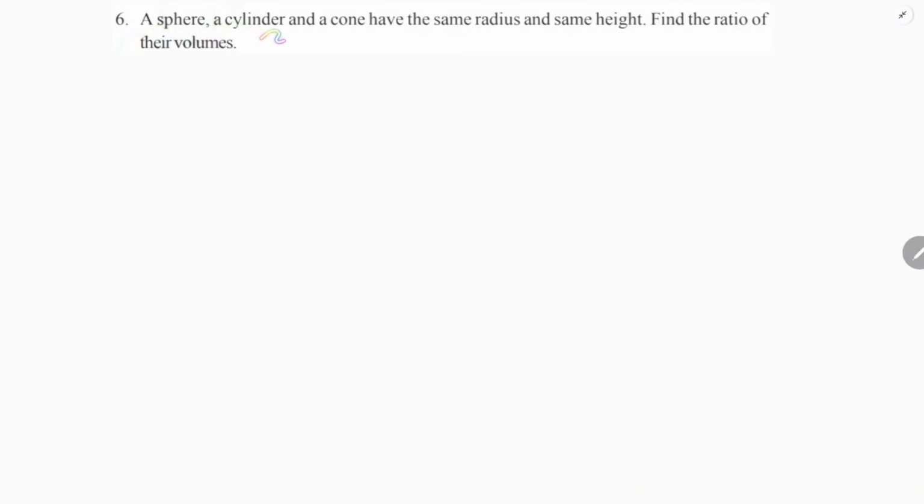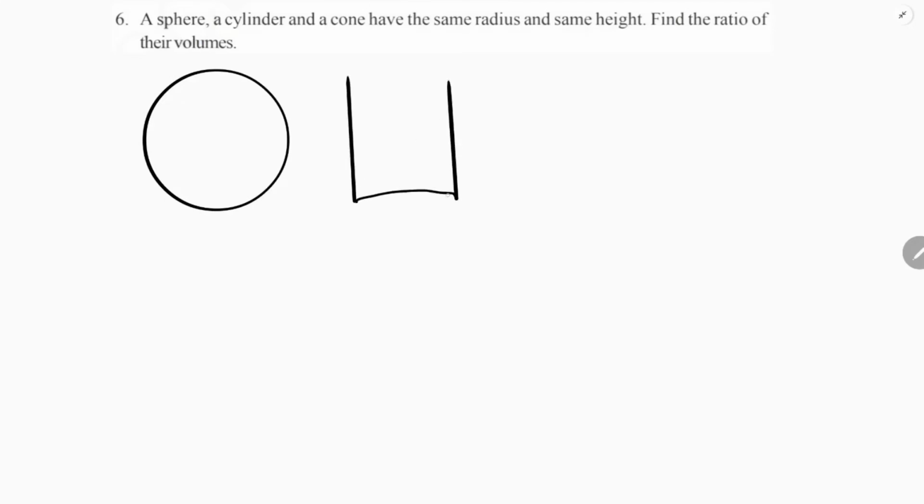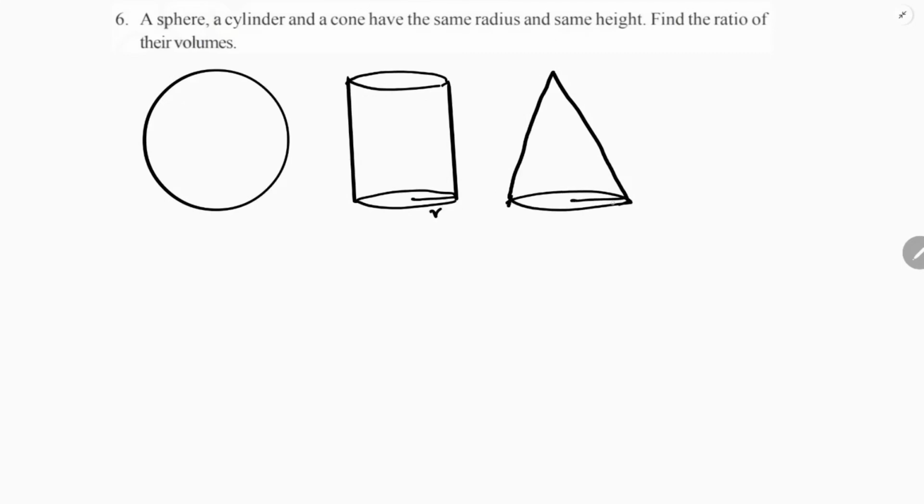A sphere, a cylinder and cone have the same radius and same height. Find the ratio of their volumes. So here sphere, cylinder and cone, same radius and same height.